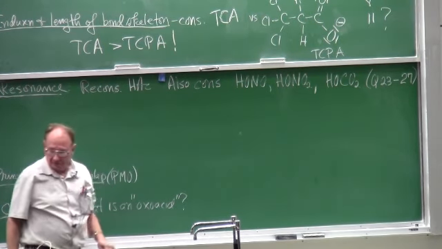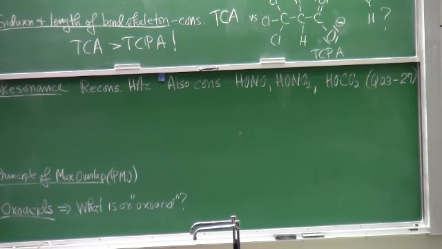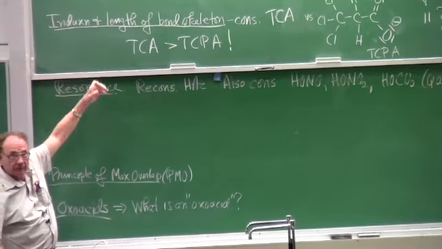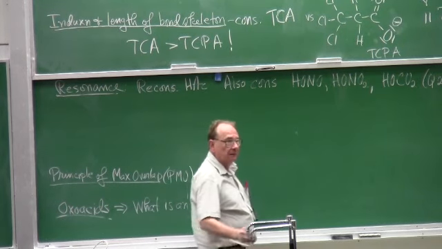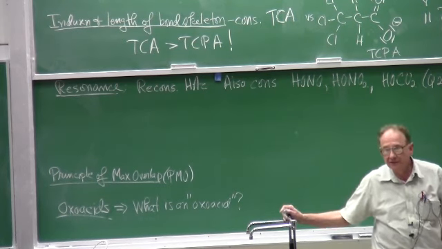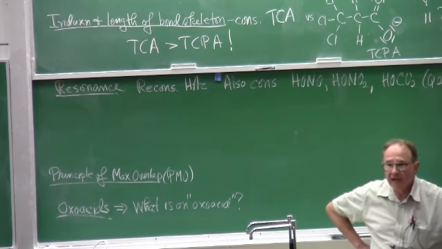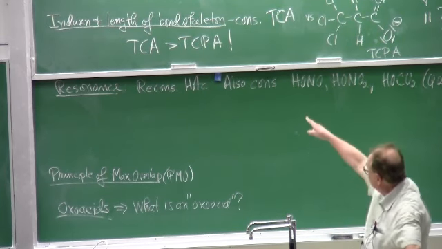How about resonance? We know about resonance. Back to acetic acid, or any of these anions we've looked at so far. Do you think that resonance contributes to negative charge density stabilization by the acetate ion?